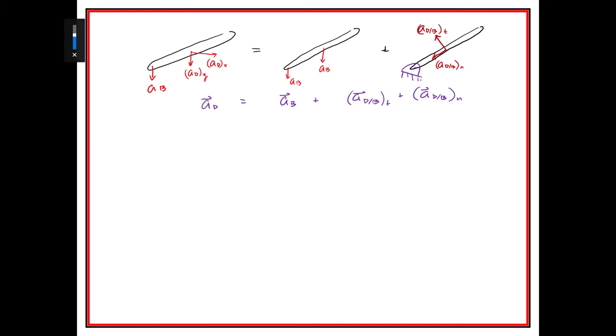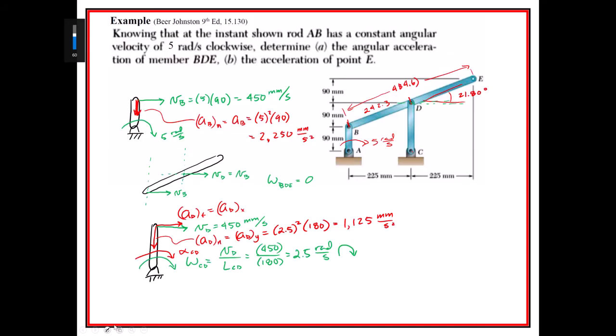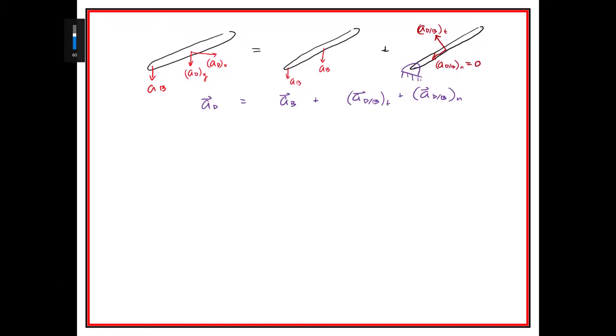But something we know about the normal direction already, it's going to be 0, because we'll note from the previous slide, this was 0. So we don't have an omega squared times that length right there. But we will find that we have an alpha, and I assumed it of the BDE.